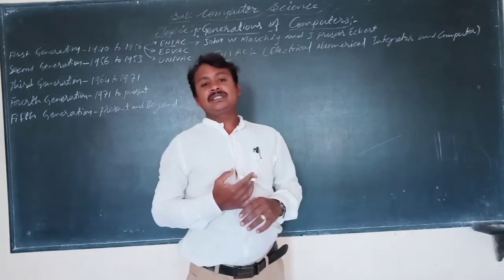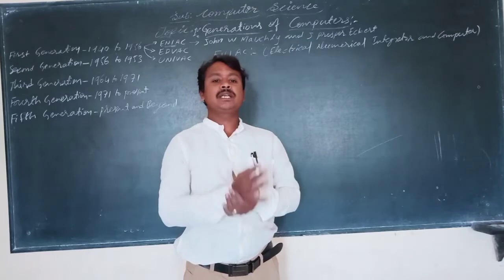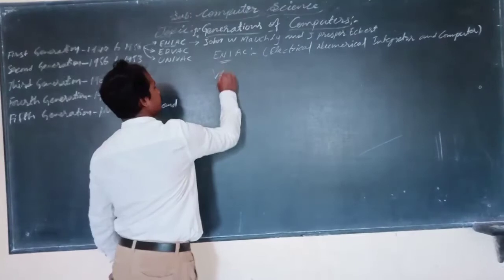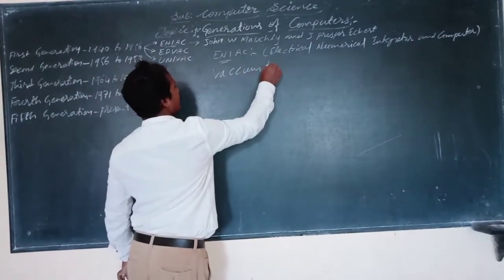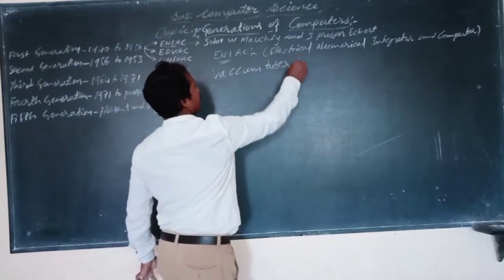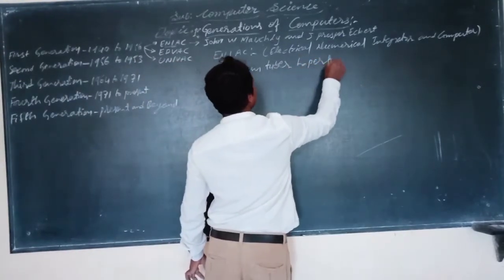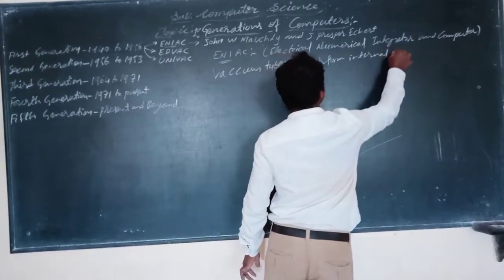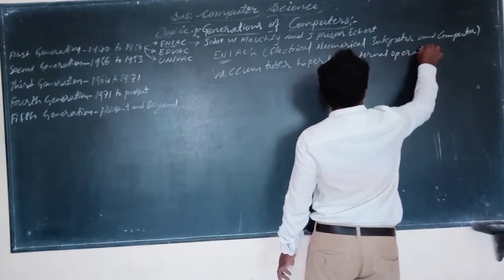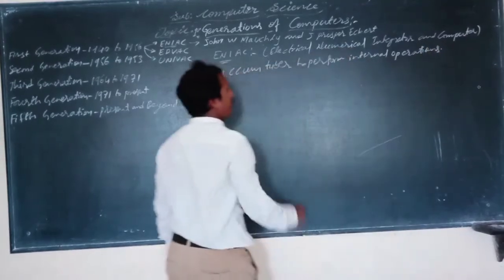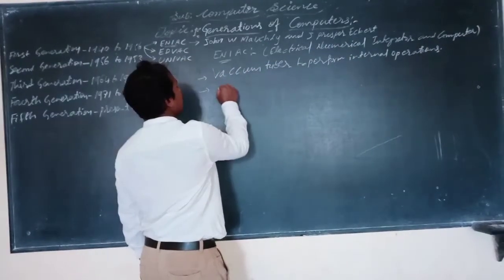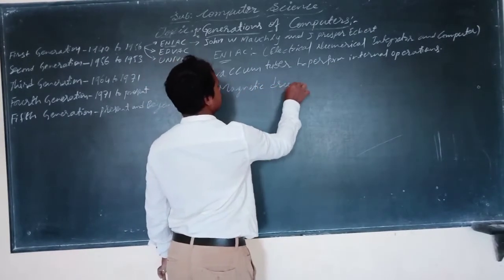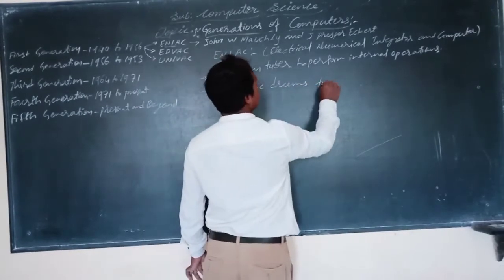After that, in the first generation, the computers used vacuum tubes to perform internal operations, and they used magnetic drums for memory.